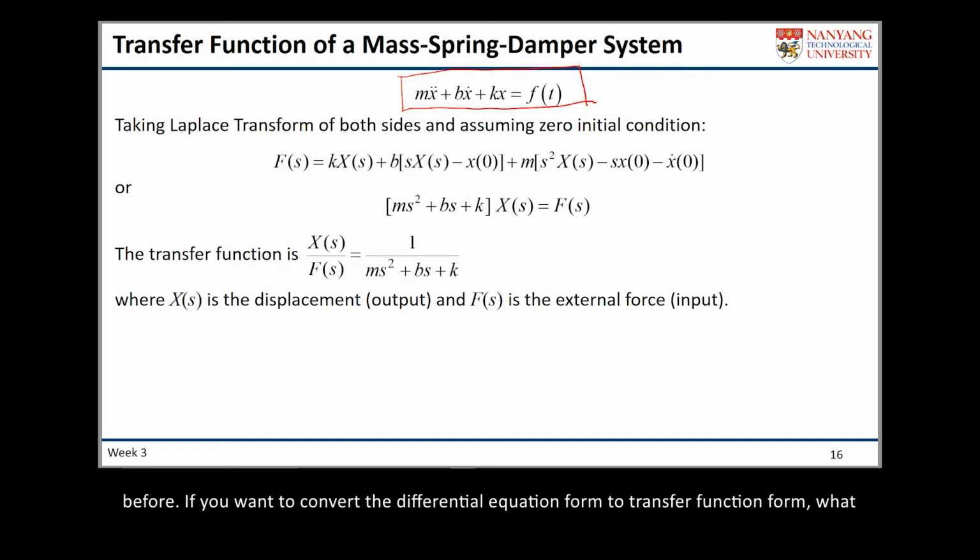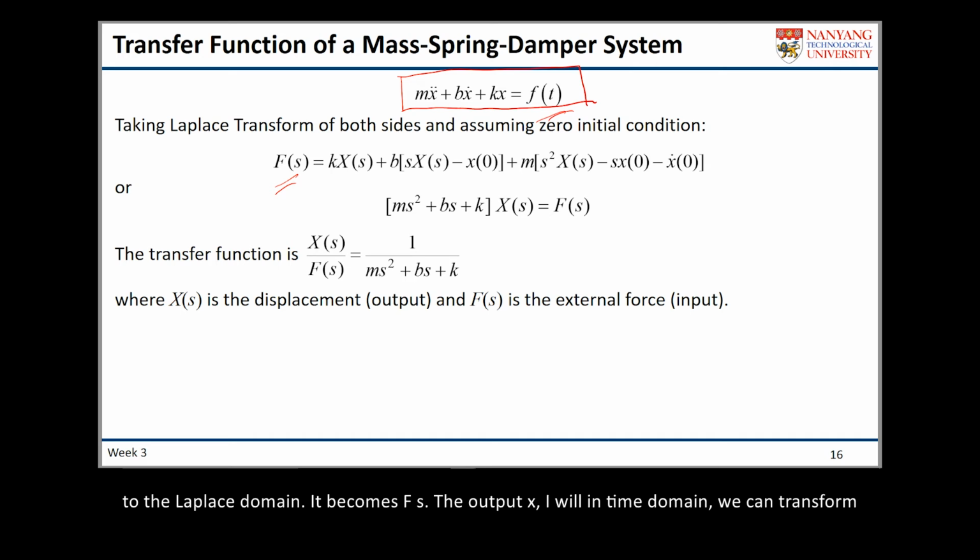If you want to convert the differential equation form to transfer function form, what we have to do is Laplace transform it first. That is the first step. So I will Laplace transform the differential equation there. The input f(t), I will transform it to the Laplace domain. It becomes F(s).